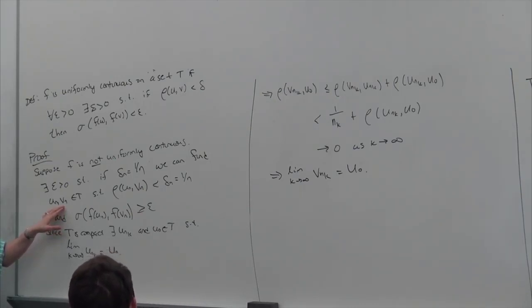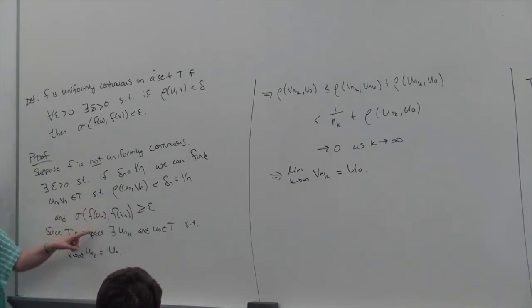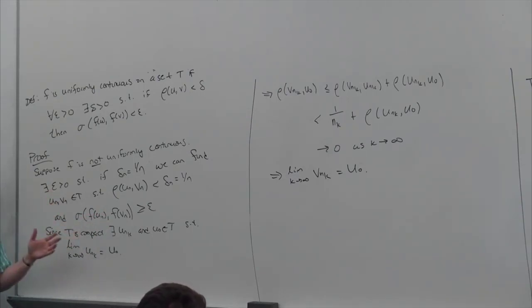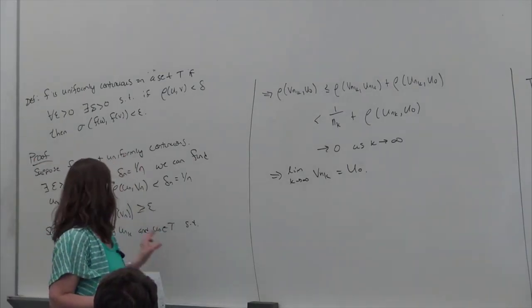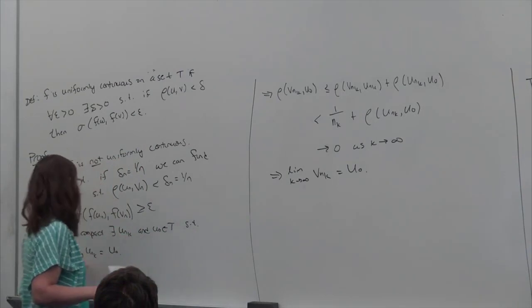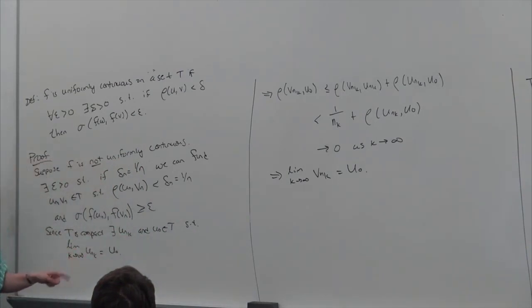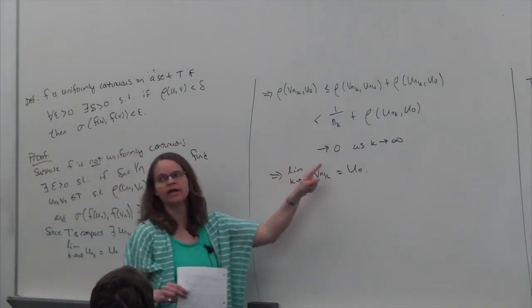Now I need to get to here, or I need to create a contradiction with this somehow. So we need to take the function values of these. Well, we have a continuous function. We're not uniformly continuous at this point, but it's continuous. So that means that if u_k converges, f of u_k converges. And similarly, f of v_k converges.